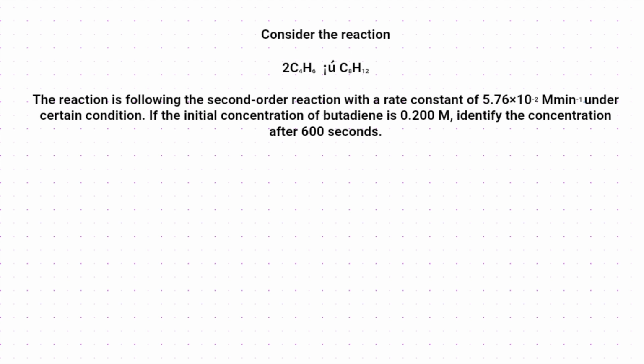Right, so the first step that you need to do is look at the units given. The rate constant is in molar per minute, and the time given to you is in seconds. Therefore, you need to convert this into minutes. 1 minute is 60 seconds, so 600 you need to divide by 60. Therefore, you will get 10 minutes.